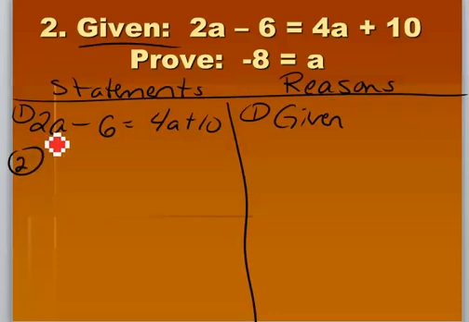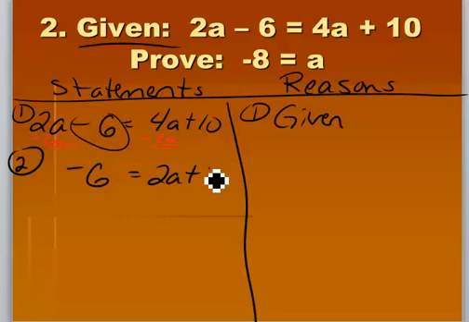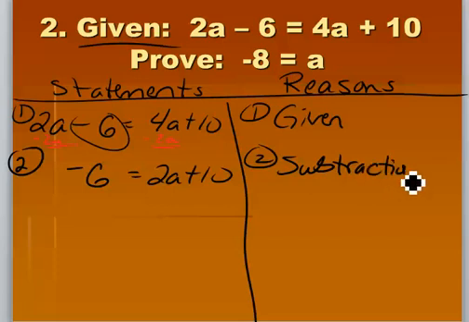Now 2a is smaller, so I'm going to move that over. And I'll have negative 6, don't lose that negative, equals 2a plus 10. To get from step 1 to step 2, we subtracted the 2a. So this is our subtraction property. My next statement, I'm going to move my 10.